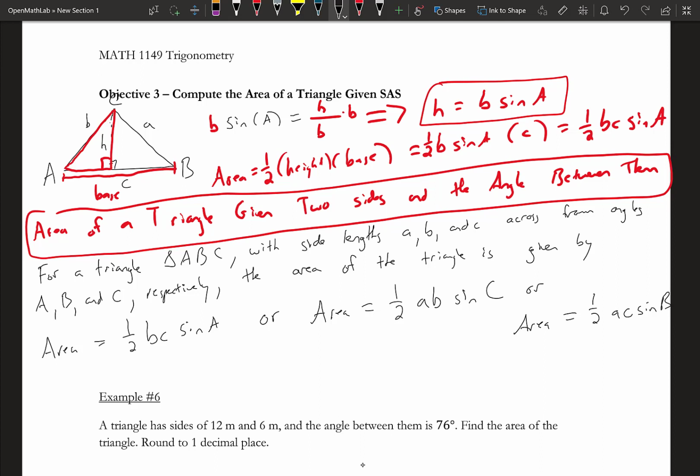Something that's important here is I can actually get the other equations just by changing what's the base. If I erase some of this in the previous picture, maybe I want side B to be the height.